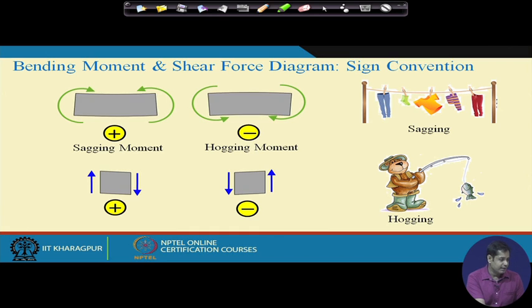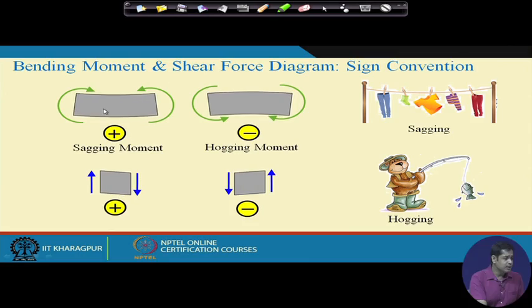There are two sign conventions. One is the sign convention we use in the bending moment and shear force diagram, and the other is the sign convention we use when we do algebraic operations between moments and shear forces. Let us first discuss what sign convention we will use in the bending moment and shear force diagram.